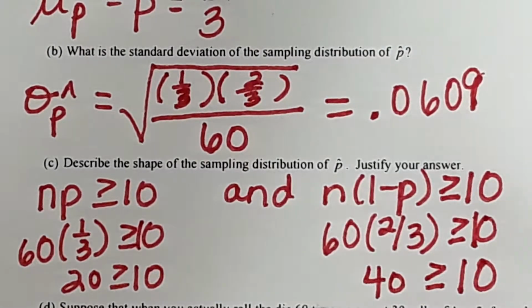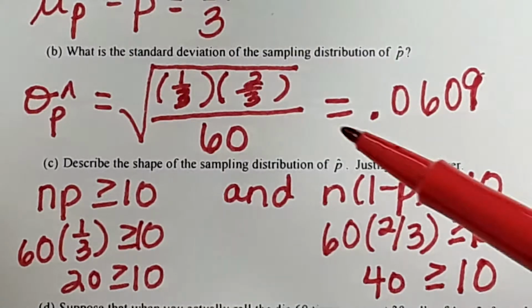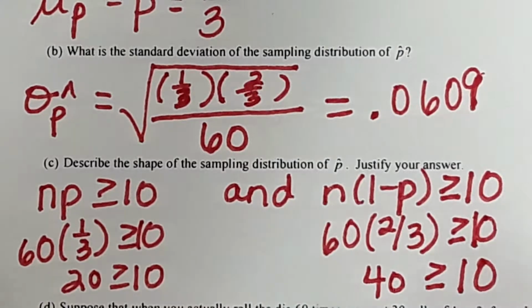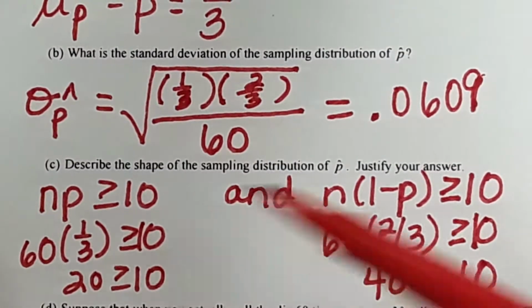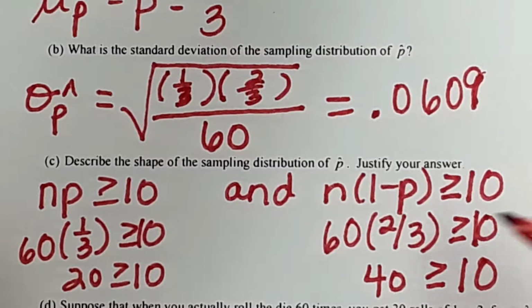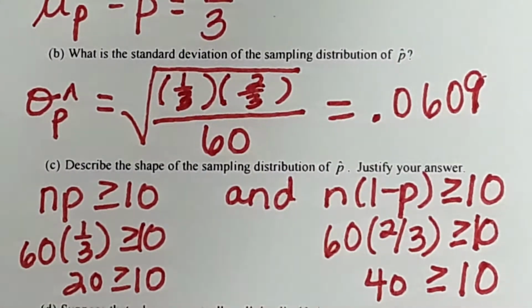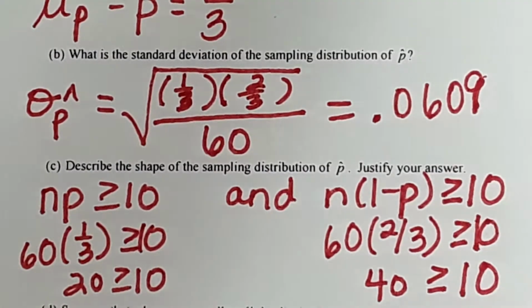You can't just say yes, you have to describe the shape. The shape of the sampling distribution of p hat is approximately normal because the condition of n times p being greater than or equal to 10 and n times 1 minus p being greater than or equal to 10 has been met.